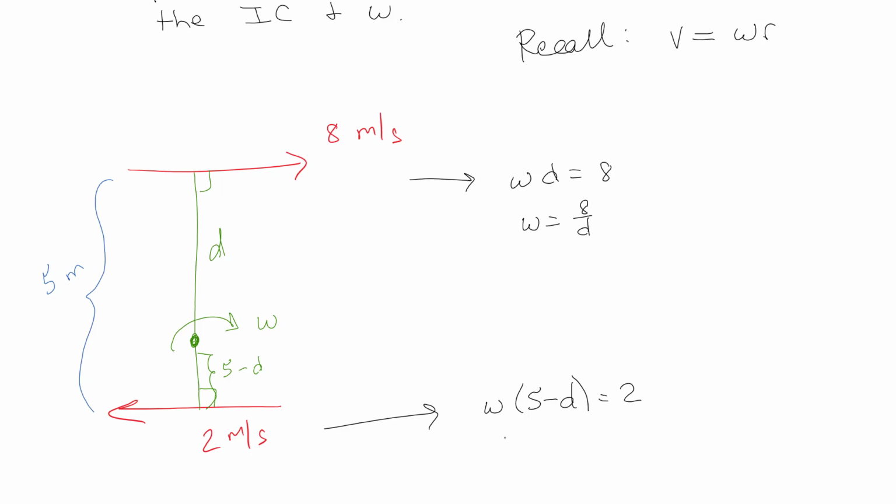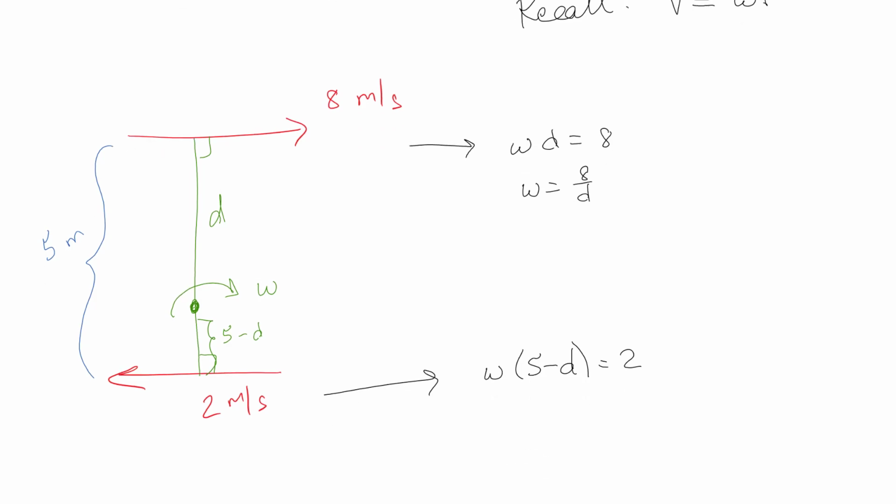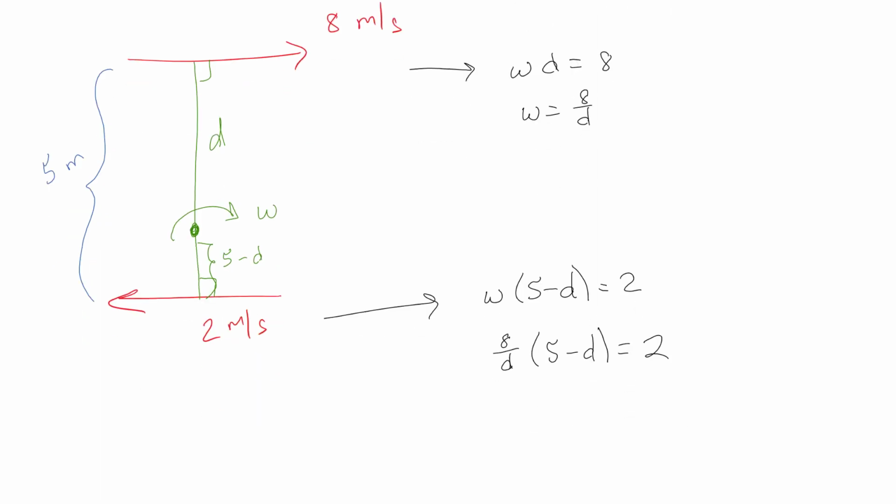So I can say, let's see, hold on, I can do this. This is the part where I always do something dumb. So I have 8 over d times 5 minus d is equal to 2. Let's assume you're not watching this video to watch me do algebra, I hope.